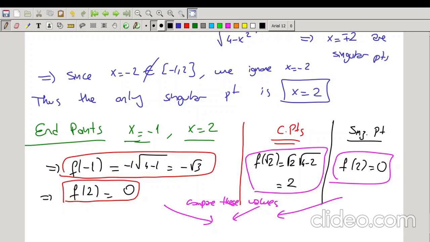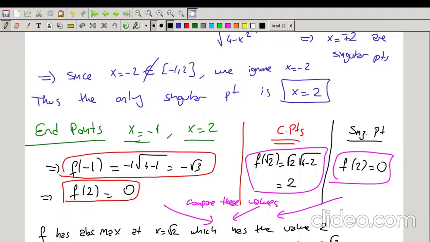Obviously, you can say that this is the maximum one, 2, and minus square root of 3 is the minimum one. f has absolute maximum at x is equal to square root of 2, which has the value 2, and f has absolute minimum at point x is minus 1, which has the value minus square root of 3.